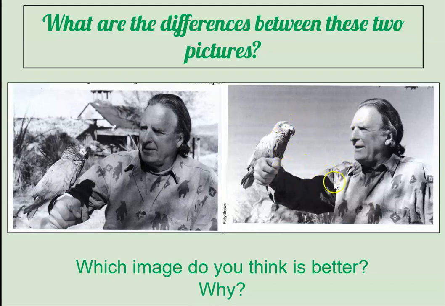The subject is once again taking up majority of the frame, and we also don't have as bad a shadow across his face. So once again, two pictures very similar. One is better than the other because of placement of the subject, having a simpler background, not obscuring our subject. What other reasons do you think this picture is better for?